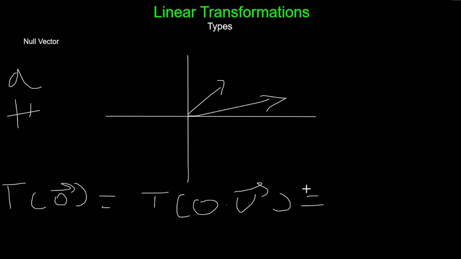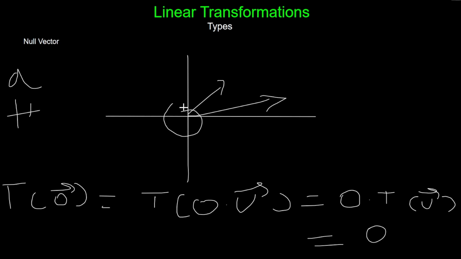To satisfy the homogeneity property, this can be written as 0 into the transformation of u, which is 0 itself because 0 multiplied by anything is 0. So no matter what linear transformation you apply, the 0 vector always remains fixed at 0.